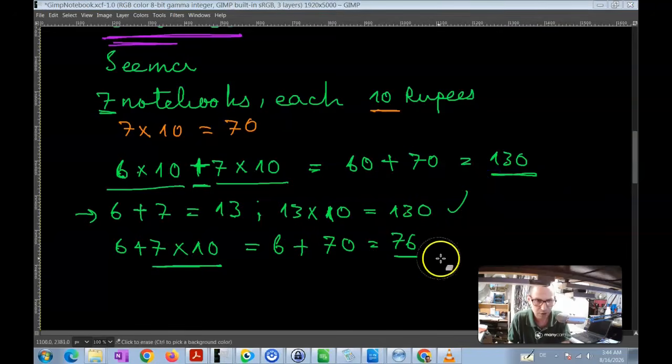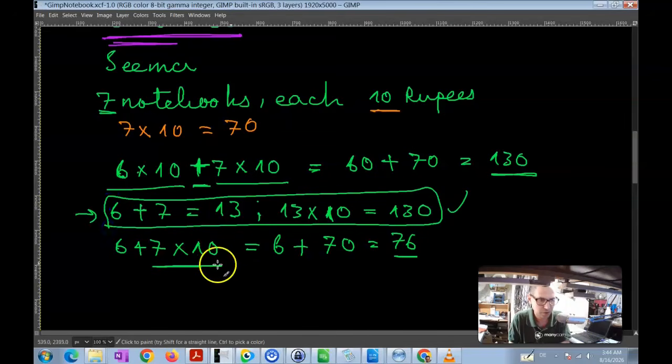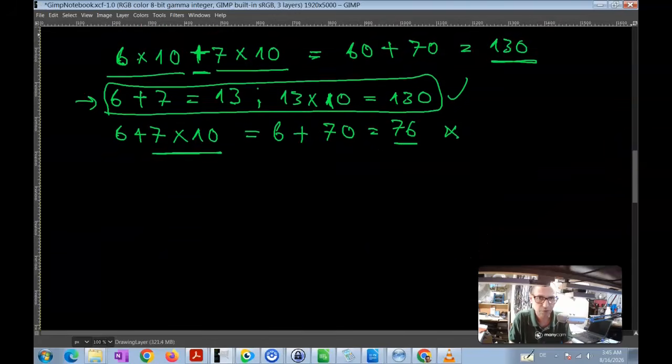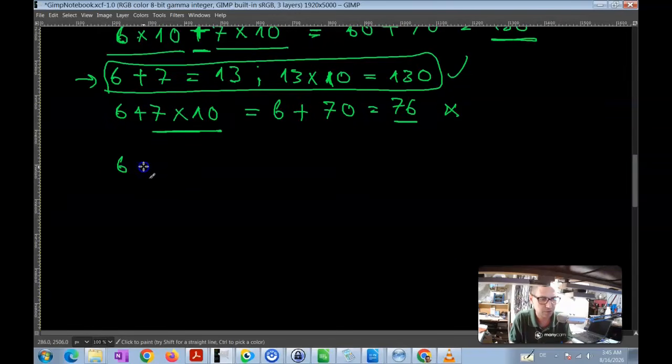So I mean to talk about this situation over here, but it seems I'm talking about something completely different. When you want to write down your own expressions, you have to make sure that you take those rules of priority into consideration, which means that this is not right, and therefore I need to write 6 plus 7, which is 13, times 10.